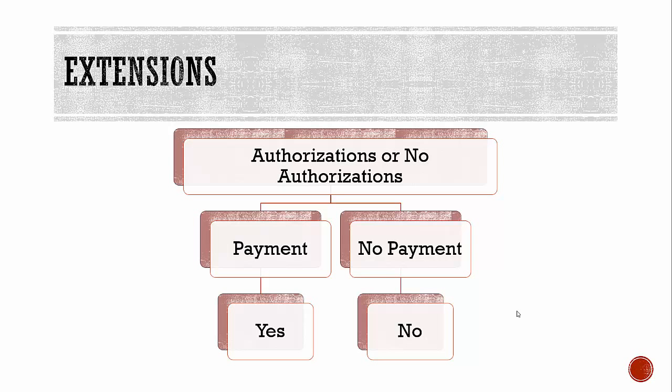If there's no payment due, 9 out of 10 times the CPA firm, and that's something that we do at Zarnowski and Beer, will file the extension for you and then provide you with copies for your file. So if your CPA firm filed an extension and you did not receive an authorization, it's probably because there were no payments due, and we went ahead and did that for you before the due date, which we'll get to in a second.